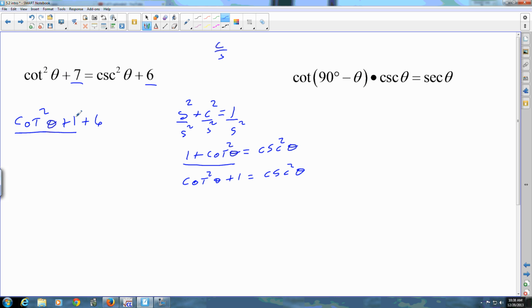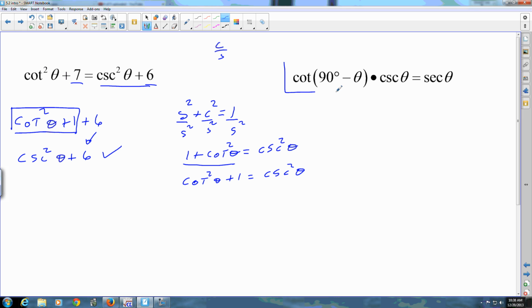I split the 7 into a 1 and a 6 through adding, so I could generate something to replace this with. Cotangent squared plus 1 is cosecant squared, so you have cosecant squared theta plus 6 as required. There it is.